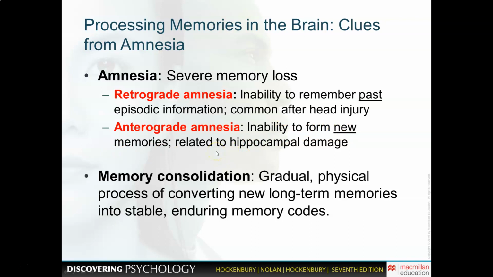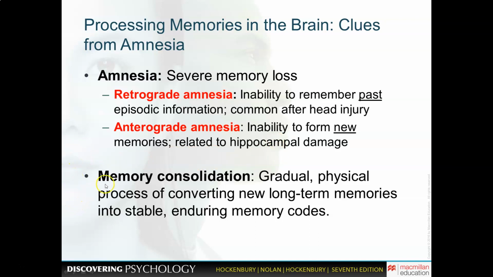And that means, more often than not, it may refer to hippocampal damage. So you'll remember, the hippocampus is a structure of the brain that is very important for encoding new memories.